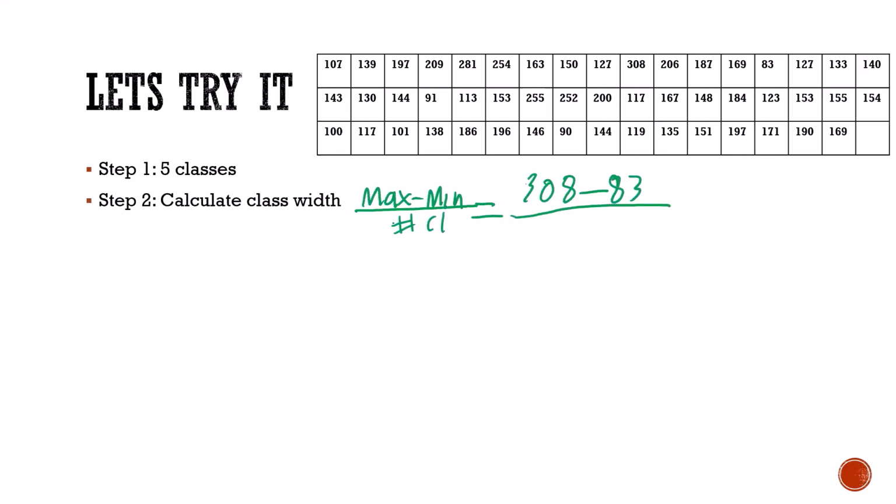Number of classes, of course, we decided was 5. Okay, when I do this, I get 225. Divide that by 5, you end up getting 45, right?